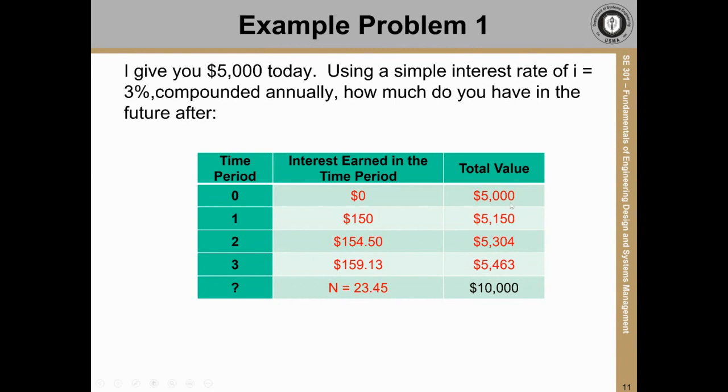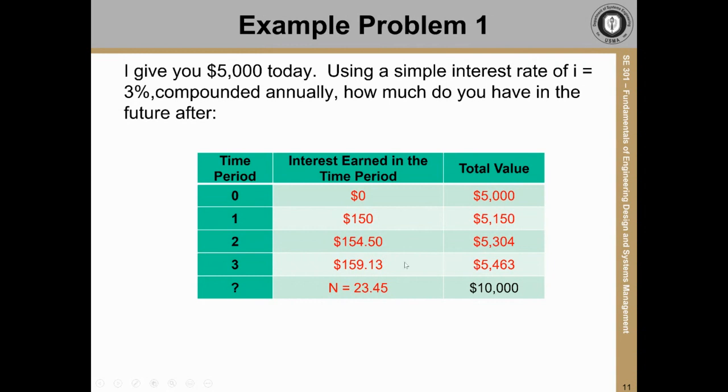Now you multiply that value by 1.03 and it gives you an interest amount for your second year of $154.50. So that adds back into that 5,150 and gives you $5,304, and then you multiply that again by 1.03 and you get a little more money in your third year.